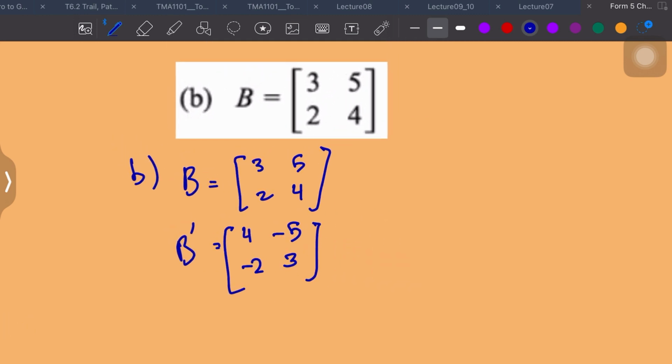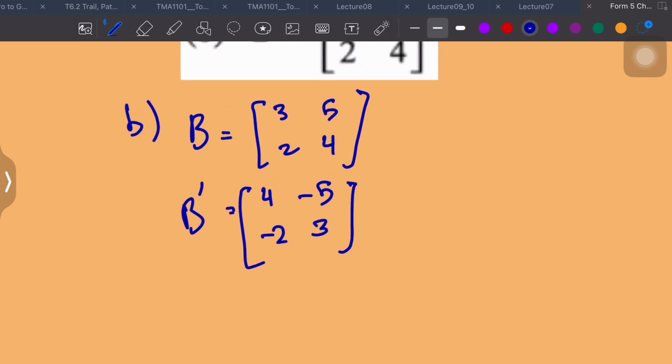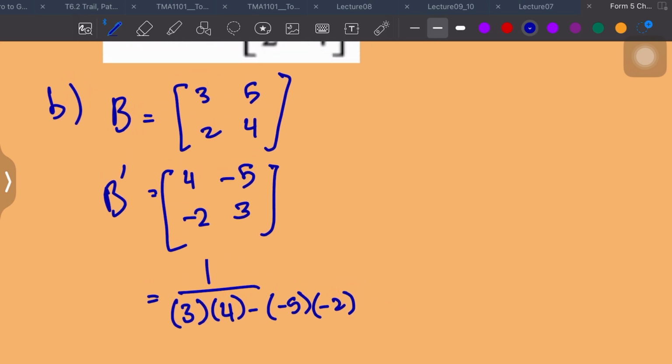Okay, so AD minus BC: 3 times 4 minus negative 5 times negative 2.